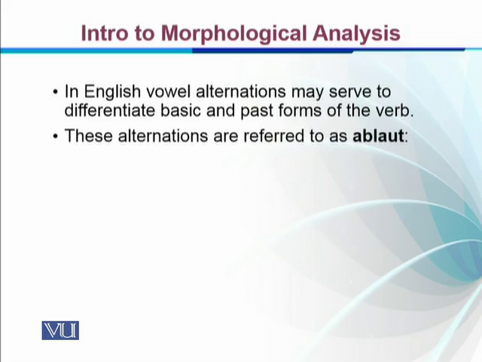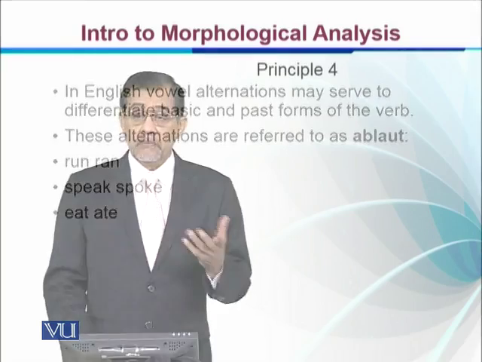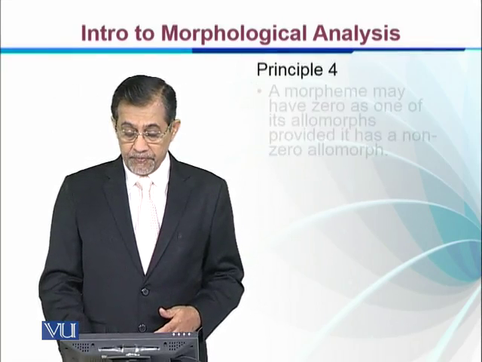This rule that alternation is possible is known as ablaut. So you can see examples like run, ran, speak, spoke, eat, ate, which is an example of vowel alternation known as ablaut. So principle 4.